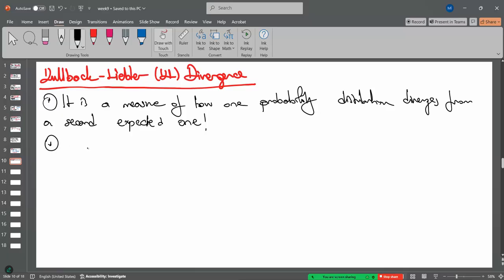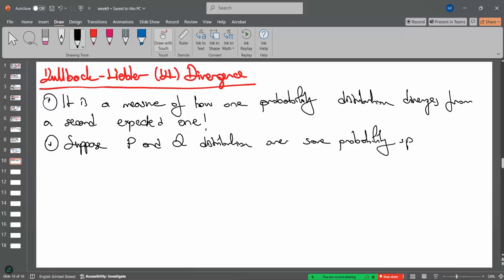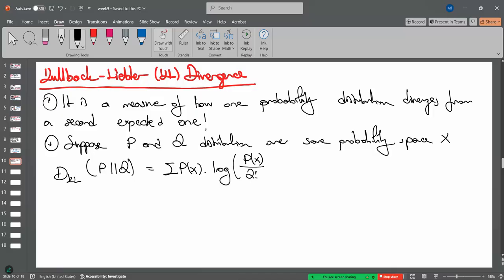Okay? And so, suppose we have P and Q distributions, probability distributions, over the same probability space X. Just remember the previous lesson. And so this divergence D KL of P and Q is equal to what? The total summation of P x times log P x over Q x.